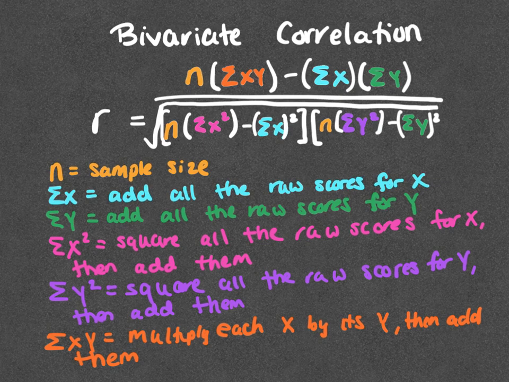Notice that this is not the same as summing x's, summing y's, and then multiplying. In this version, we're doing the multiplication first, then the adding, whereas in the two pieces next to it, we'd be doing the adding first and then the multiplying. So before we can find the correlation coefficient, also known as R, we need to find each of these 6 pieces and then plug them into our formula.